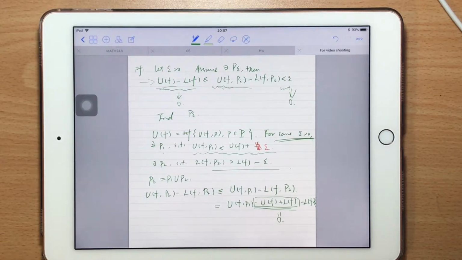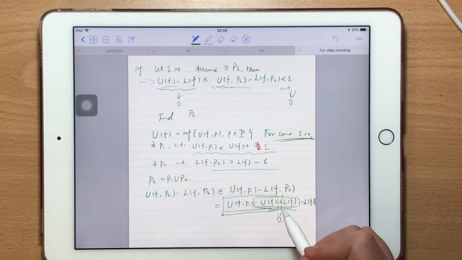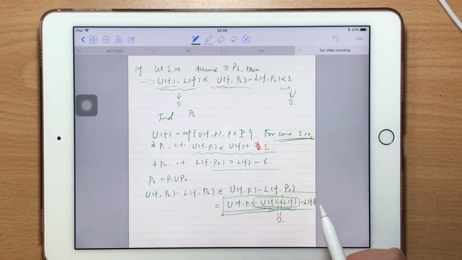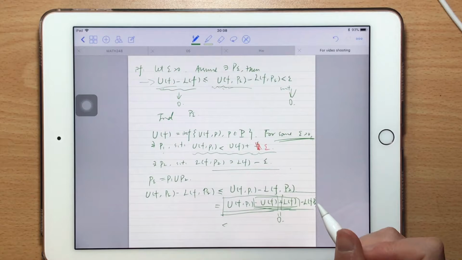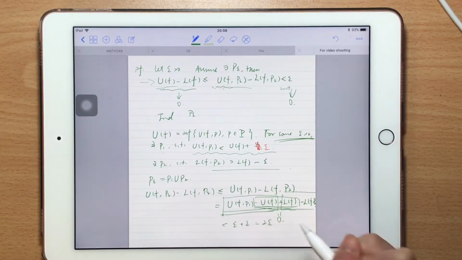I said before, only UF(P epsilon) and LF(P epsilon) might be difficult to relate, so we are trying to get help from other values. So we have UFP1 minus UF and LF minus LFP2, which is smaller than epsilon plus epsilon, which is 2 epsilon.